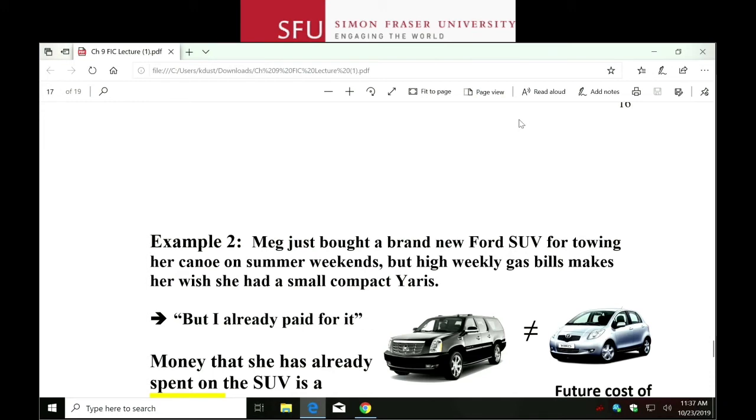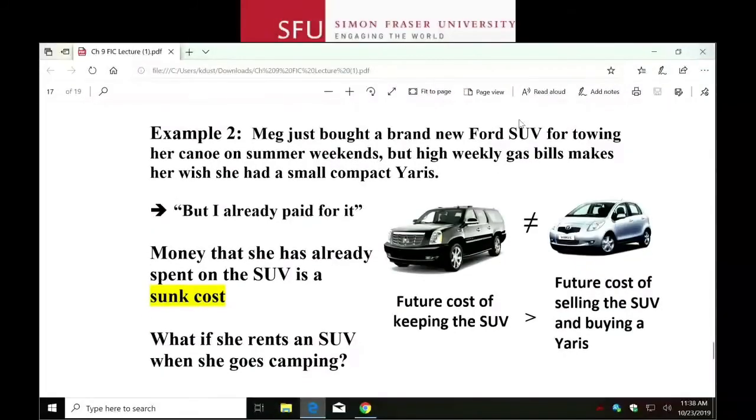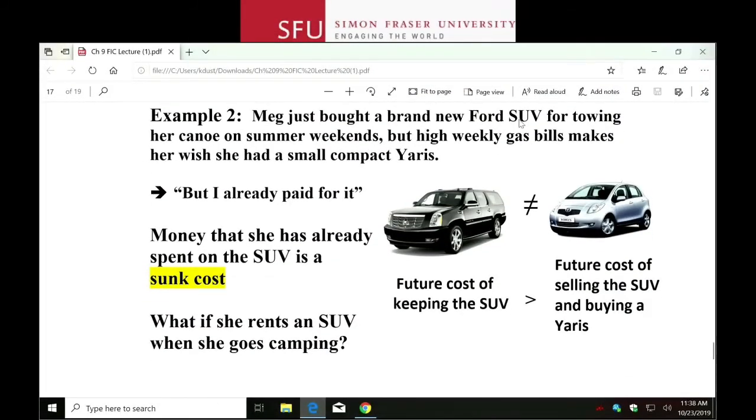That's not the right way to think about it, though, because what she has already paid for this brand new truck, which she probably regrets, is a sunk cost, right? Once you have bought a brand new vehicle and you drive it off the lot, that becomes a sunk cost. And so is that a reason to keep the vehicle? No, because you could sell it, right? In this case, she could sell it, and then she could buy the smaller car now.